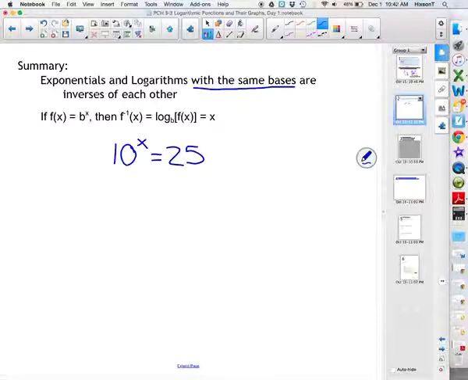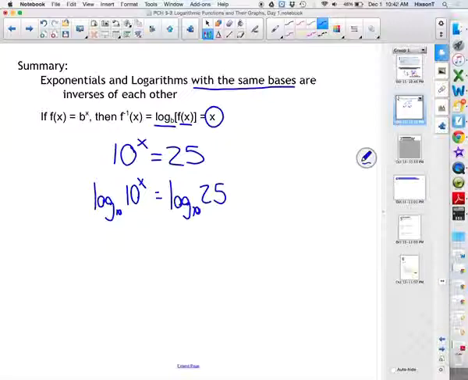So to use an inverse operation, I would need to take a log base 10 of both sides. The log of the exponential function takes us back to x. That's our definition of an inverse function. So the log cancels out the exponential and we're left with just the exponent x.